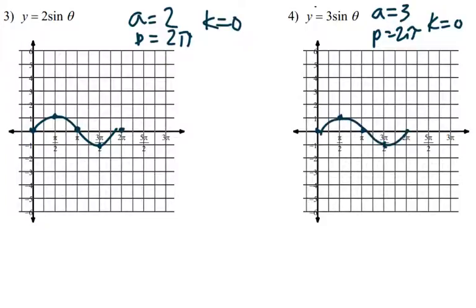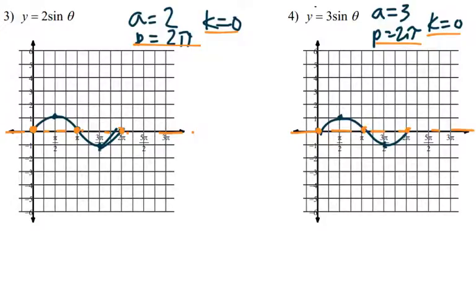With those 5 points, we can get a really good idea of what it's going to look like. Now, because we're not moving our midline, it's going to stay here, right? We're not doing anything to our period, so these 3 points on the midline stay exactly where they're at.